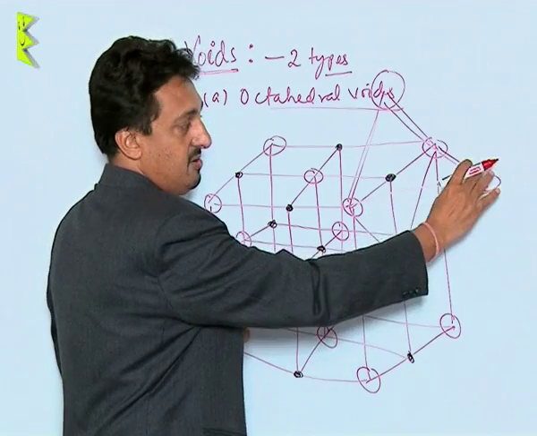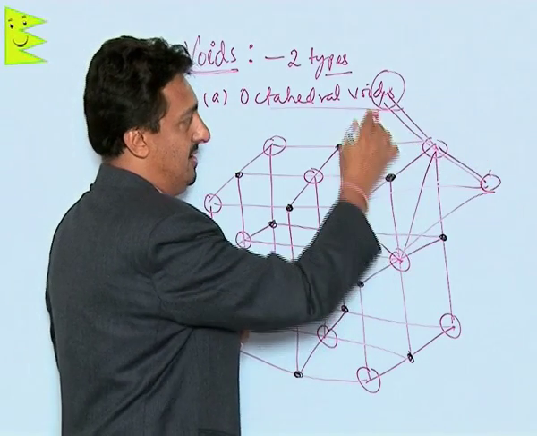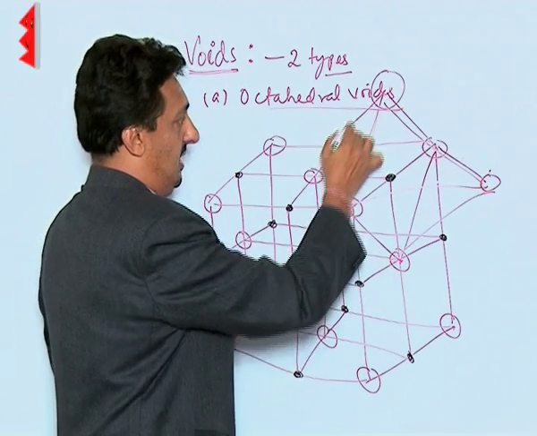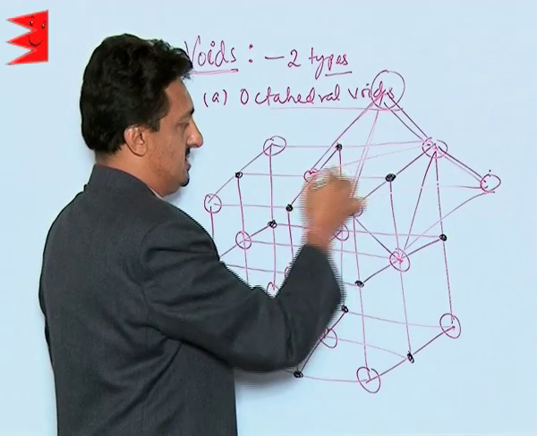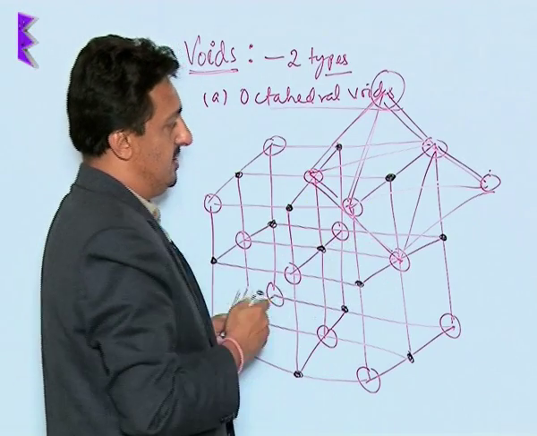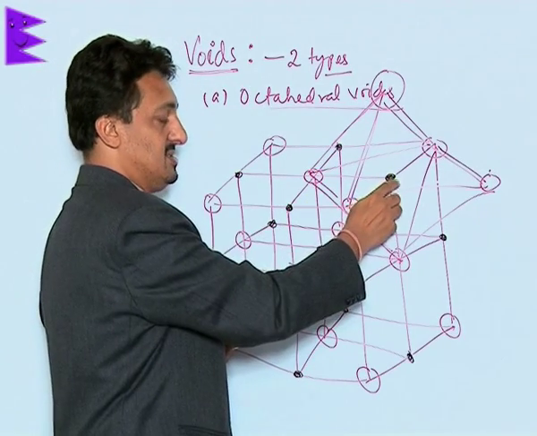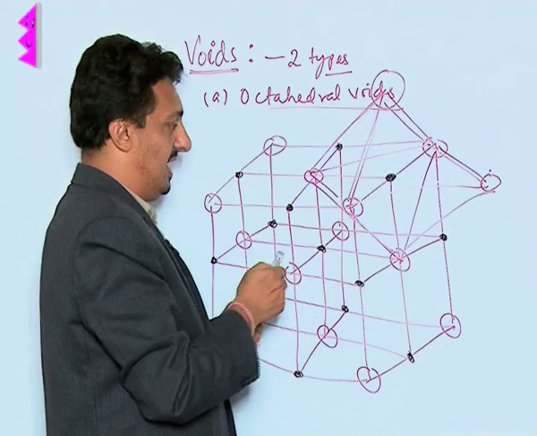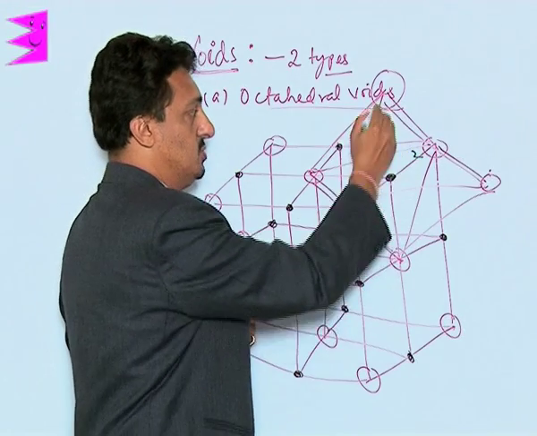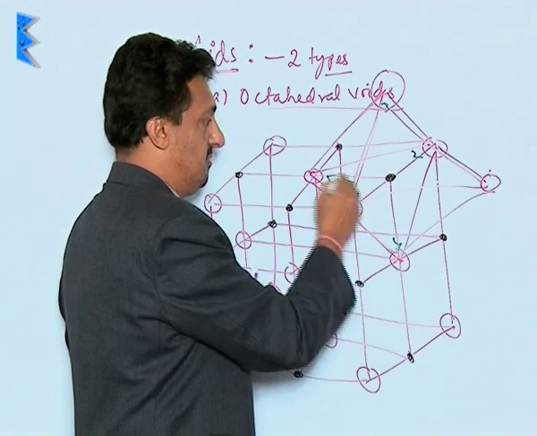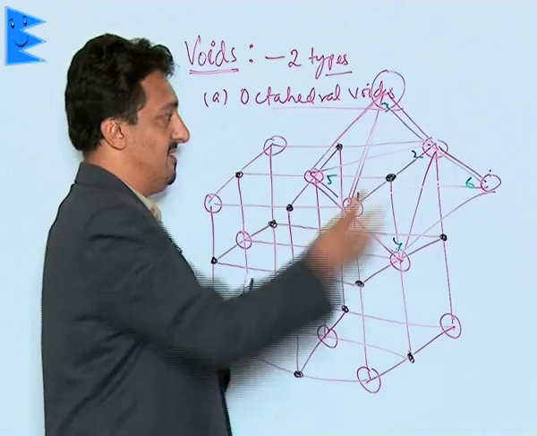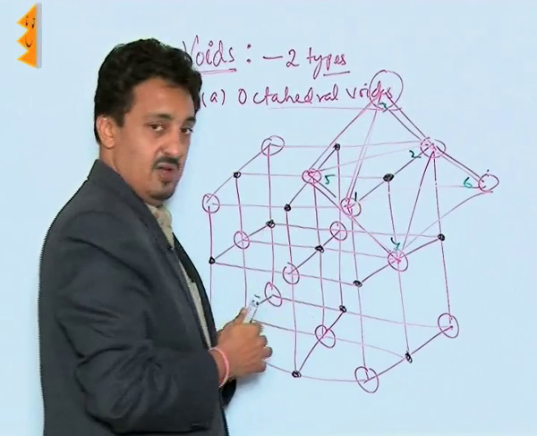This forms one square pyramid, and this is another one, this center one. So this center particle will be in contact with 1, 2, 3, 4, 5, 6. So these are 6 which makes it an octahedral void.